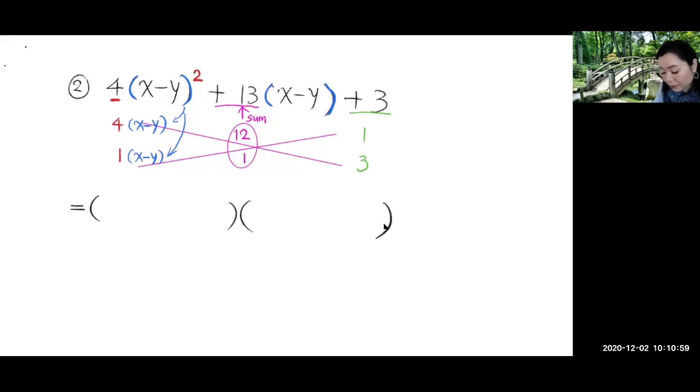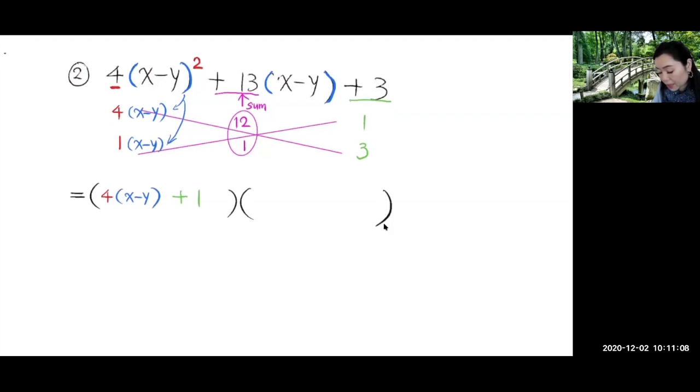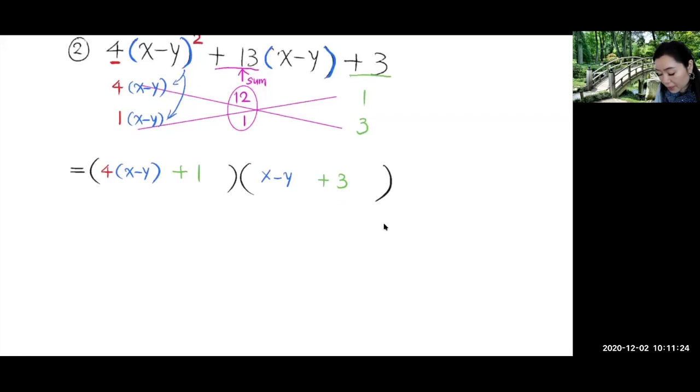So the first one will be 4 times, remember, don't forget the parenthesis, x minus y, and then plus 1. And then the next one here is x minus y. You can leave the parenthesis out because the coefficient for that is just 1, and then plus 3. Or you can put a parenthesis there, doesn't matter.